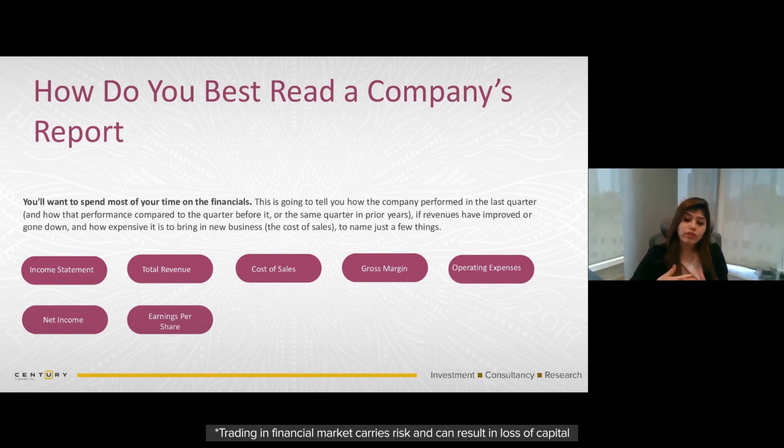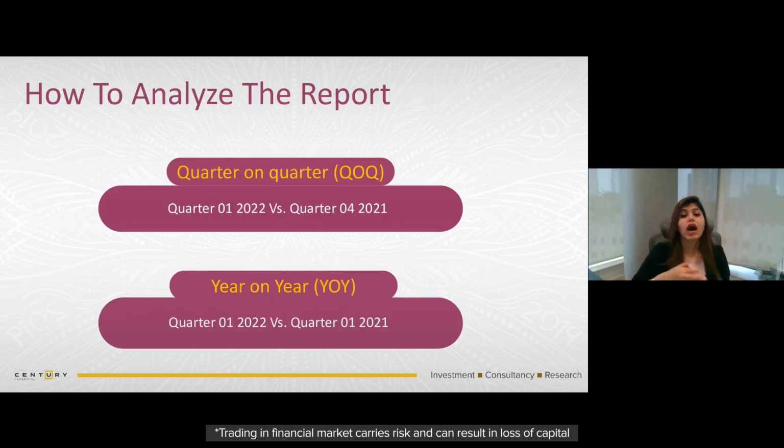Now, there are two comparisons that you can make. One, obviously, you'll see how Apple did in the previous quarter, and how the net profit of the company has grown compared to the previous quarter. In this case, we call it quarter on quarter.